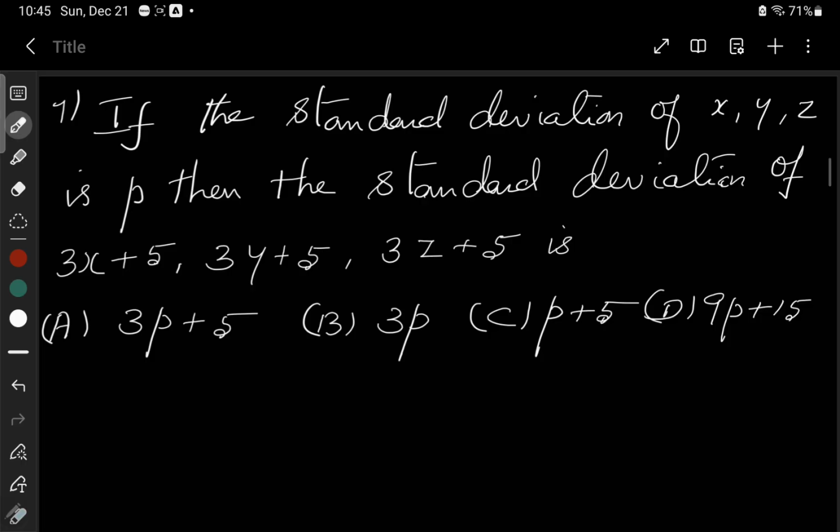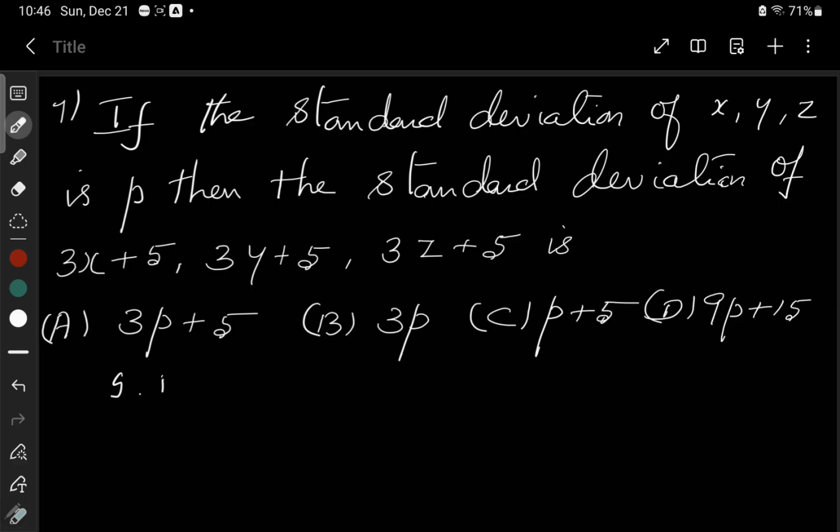Seventh sum. If the standard deviation of x, y, z is p, then the standard deviation of 3x plus 5, 3y plus 5, 3z plus 5 is? The standard deviation of the data x, y, z is p. Here the data are multiplied by the constant 3 and added with the constant 5.